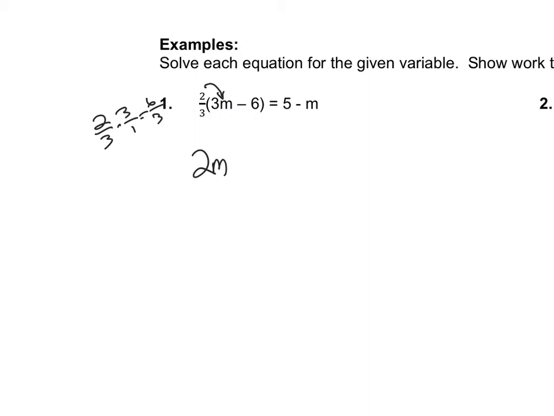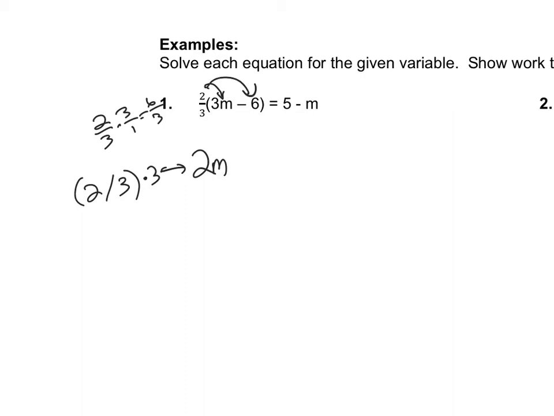You could also put a parentheses, type 2, the numerator, then the divide button, which will give you a little backslash like this, and then type your denominator 3 and then close your parentheses, and then you can just select your operation, multiplication, times the 3 that's in front of the m, and that will also give you 2m. So either way works.